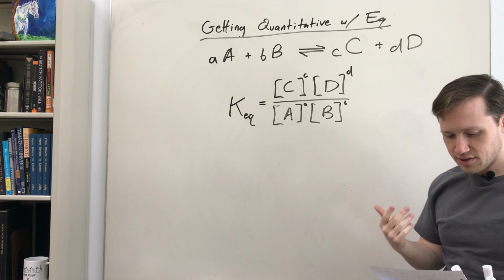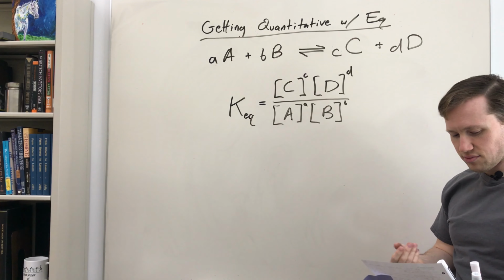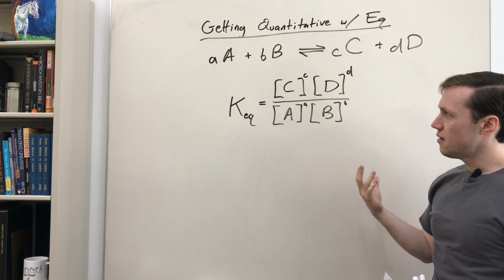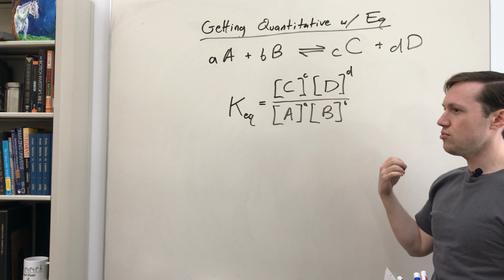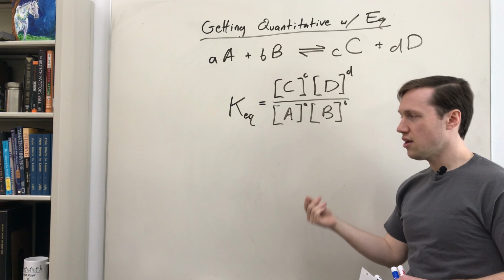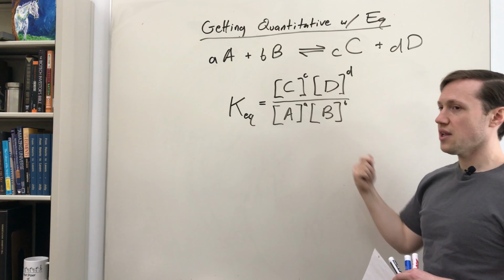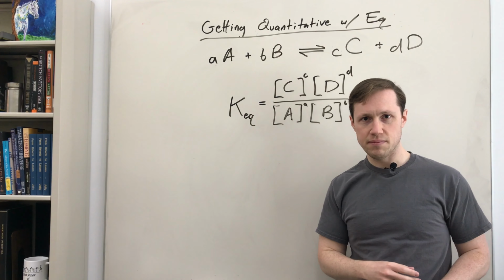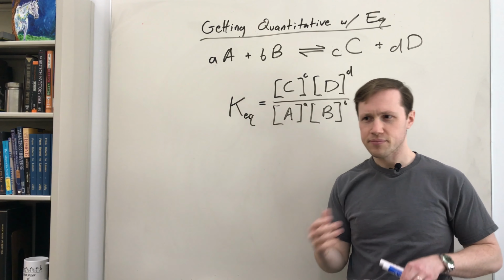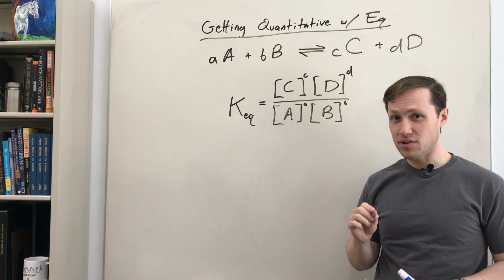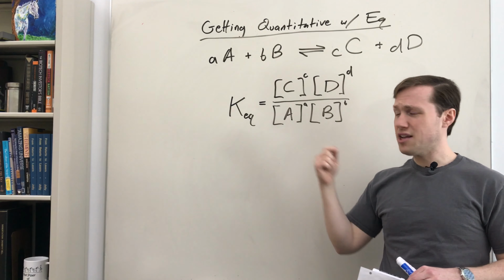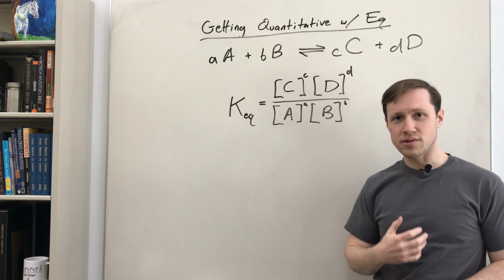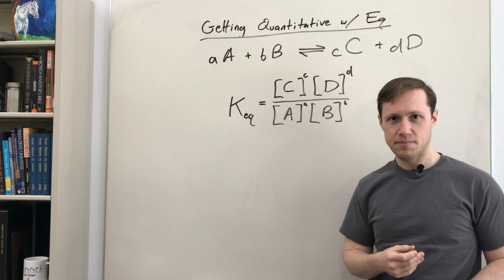Now, this is really, really handy because it tells us about how to adjust our system to account for changes in concentration. That's what we're going to be looking at in our next segment. But before we do that, there are a couple of aspects of how these things are put together that wind up being important to making them work correctly.